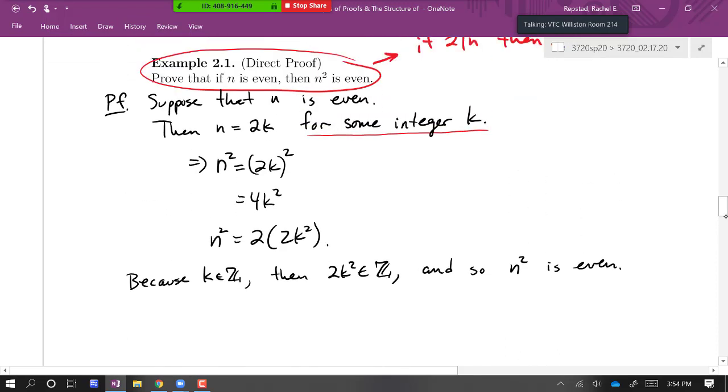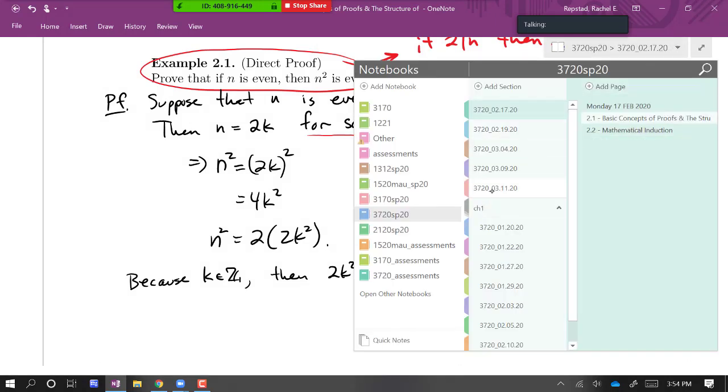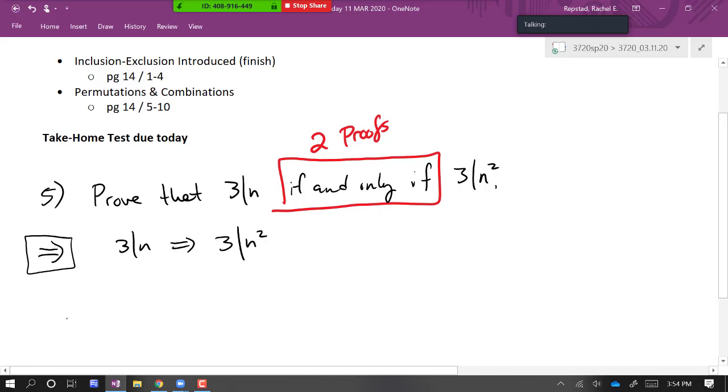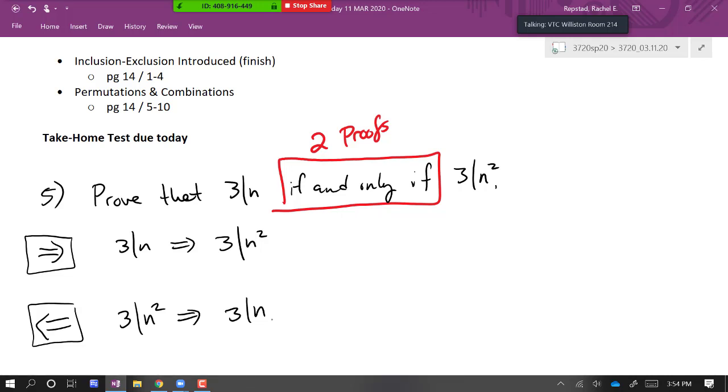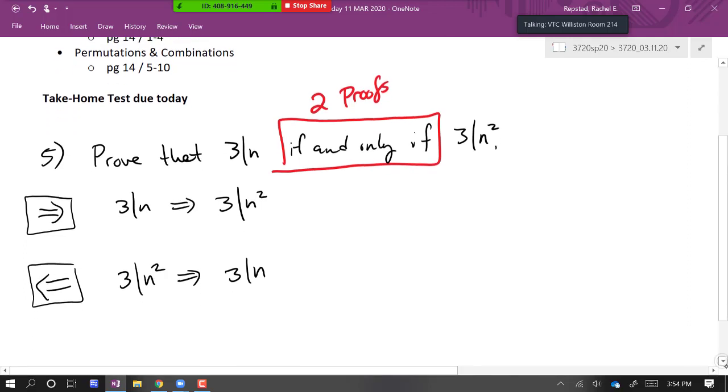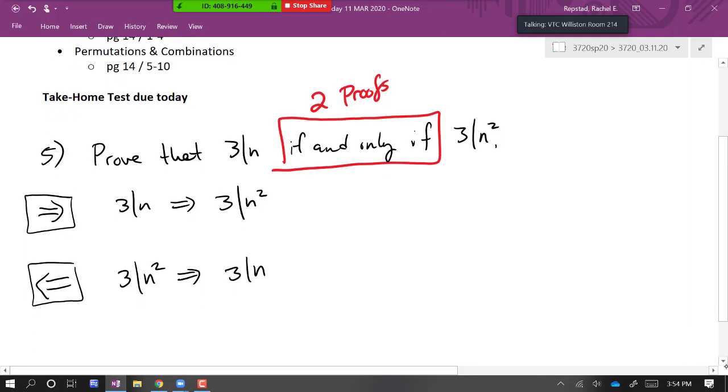The other direction, you're going to show that 3 divides n squared implies that 3 divides n. And this is the one we have to do indirectly. We don't want to start out by supposing 3 divides n squared, because that doesn't really get us an expression for n without taking a square root, and then we don't even know if we're still talking about integers anymore.